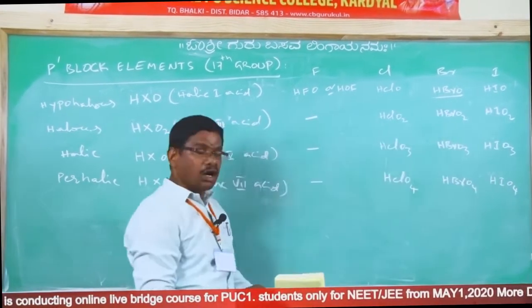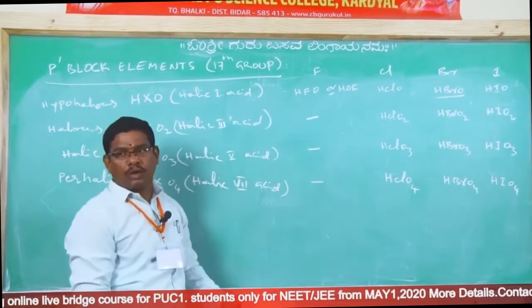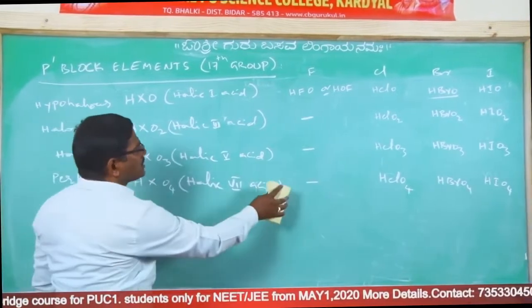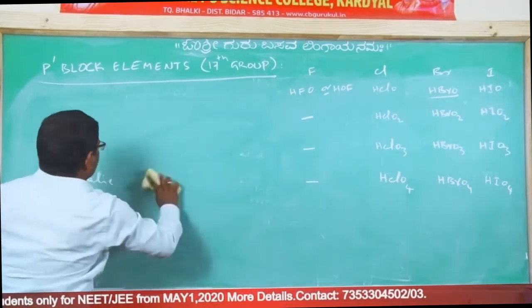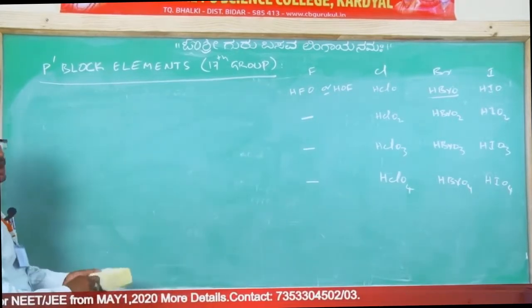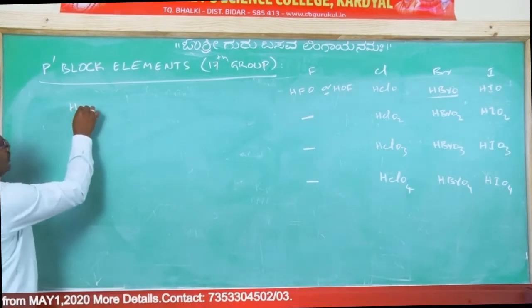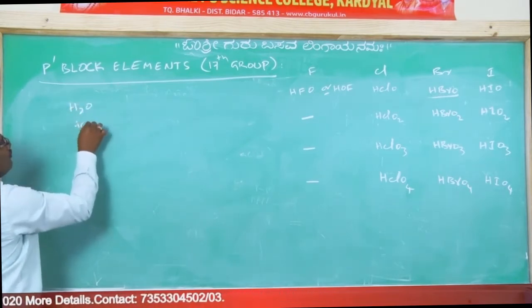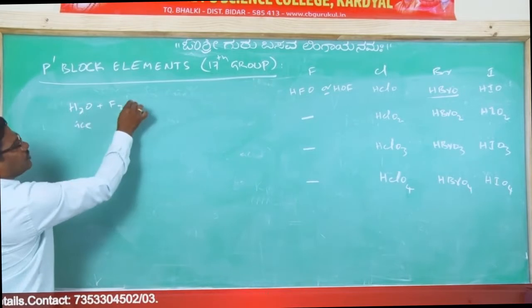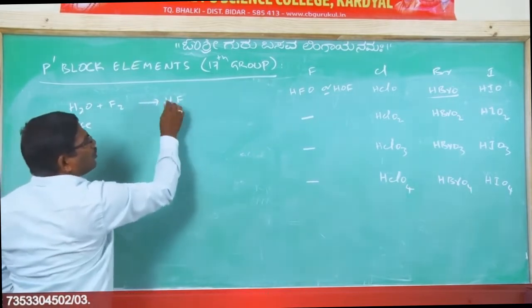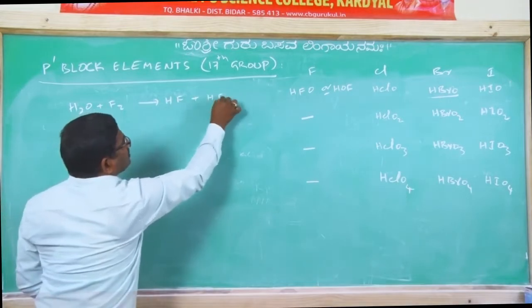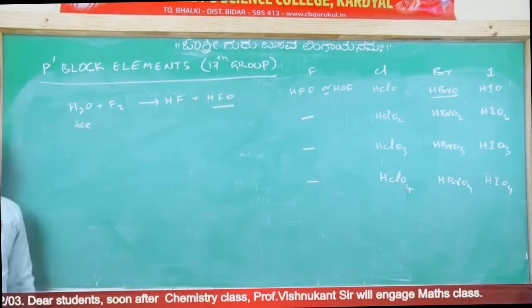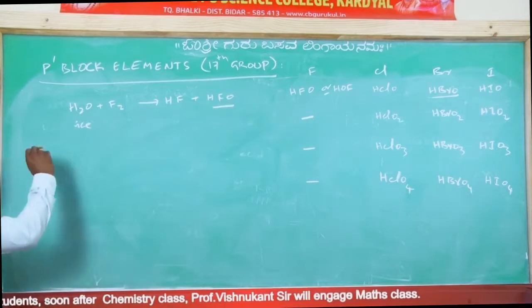These are oxy acids of halogens. In these oxy acids, suppose HFO is there, that HFO, H2O in the form of ice when reacts with fluorine gives hydrogen fluoride, along with that HFO. This is only one possibility.